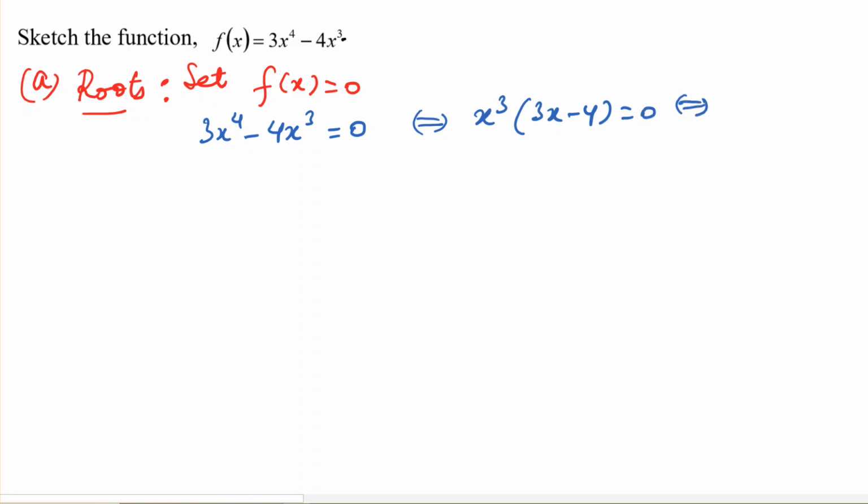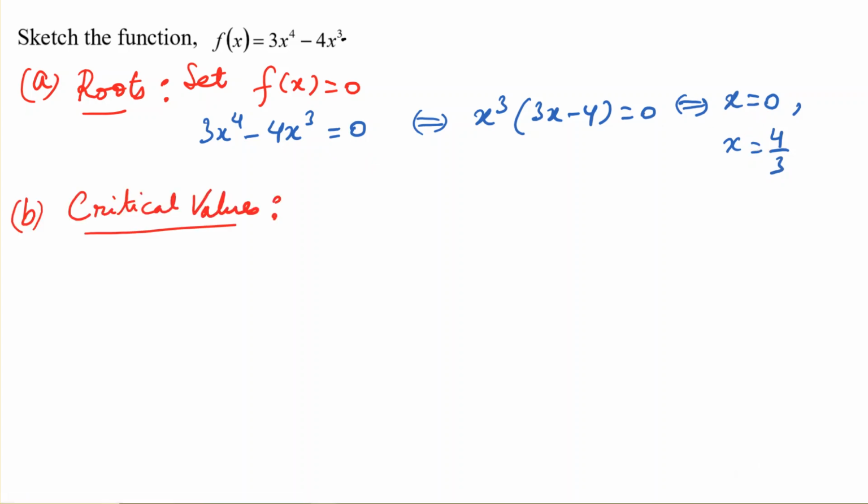Since the product is 0, either x is 0 or x is 4/3, because 3x - 4 is 0. So we got two roots of this function. That means these are the two points where the curve is going to cross the x-axis.